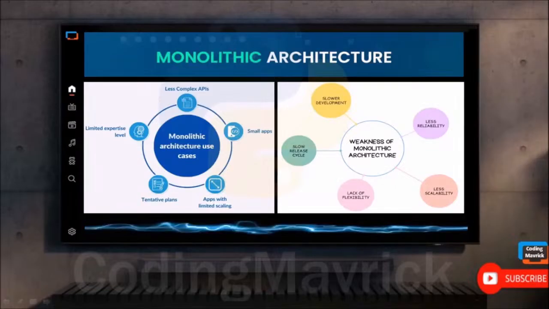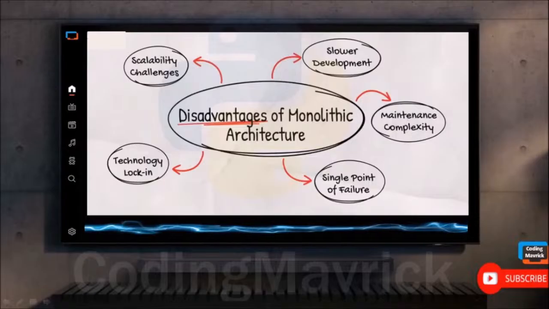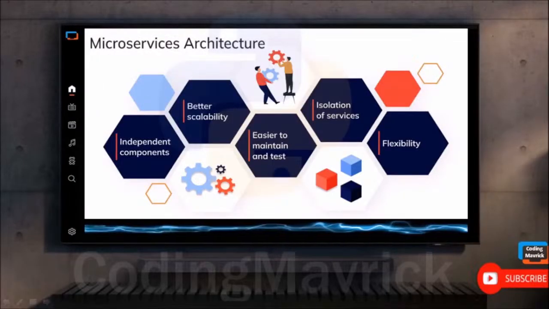Viewers, a single bug can crash the entire application, bringing everything to a halt. And scaling specific features independently is nearly impossible. This is where microservices come in, offering flexibility, fast deployment, and independent scalability.